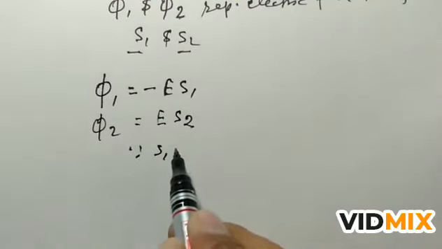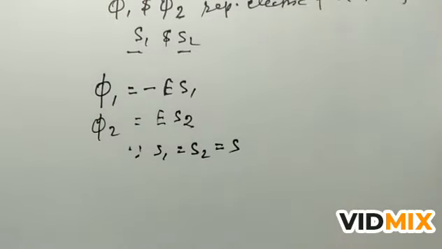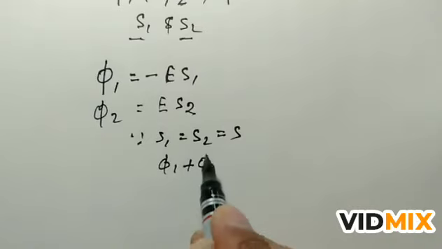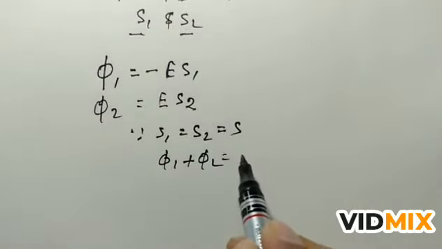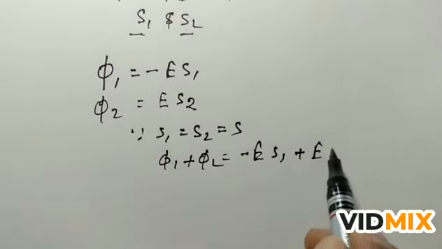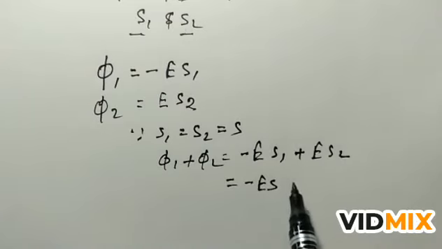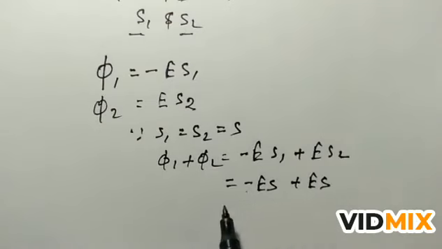Since S1 is equal to S2, we can say it is S. So phi 1 plus phi 2 is equal to minus E S1 plus E S2, or minus E S plus E S. The plus and minus cancel out each other and there will be 0 flux.